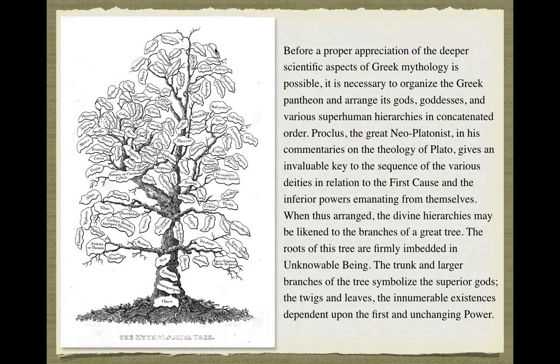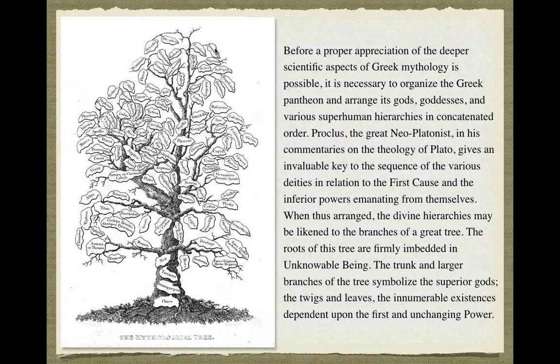Before a proper appreciation of the deeper scientific aspects of Greek mythology is possible, it is necessary to organize the Greek pantheon and arrange its gods, goddesses, and various superhuman hierarchies in concatenated order. Proclus, the great Neoplatonist, in his commentaries on the theology of Plato, gives an invaluable key to the sequence of the various deities in relation to the first cause and the inferior powers emanating from themselves.